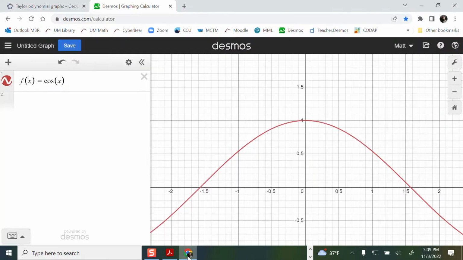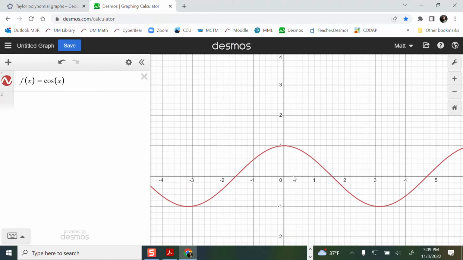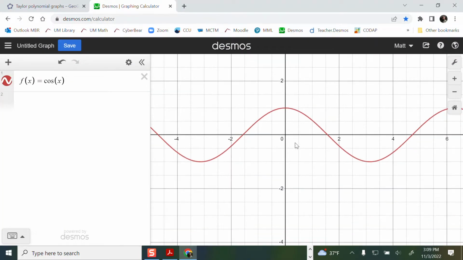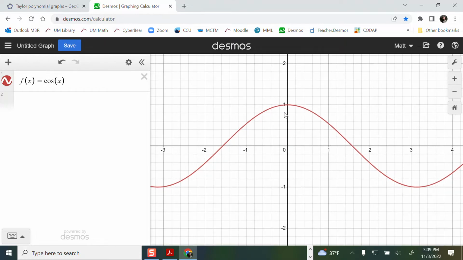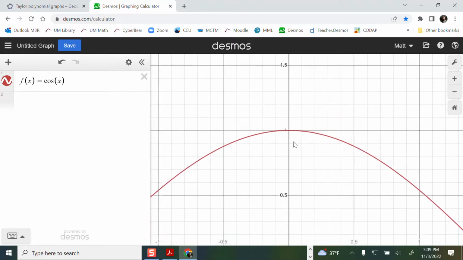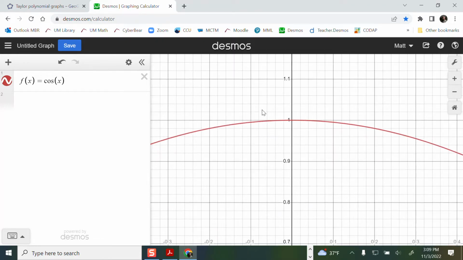Let's take a look at the cosine really quick. So this is what the cosine looks like, of course. So if we're approximating near x equals 0, that means we're approximating the function in this region, right? Around (0, 1). So we're trying to approximate the function in this region with a linear function.